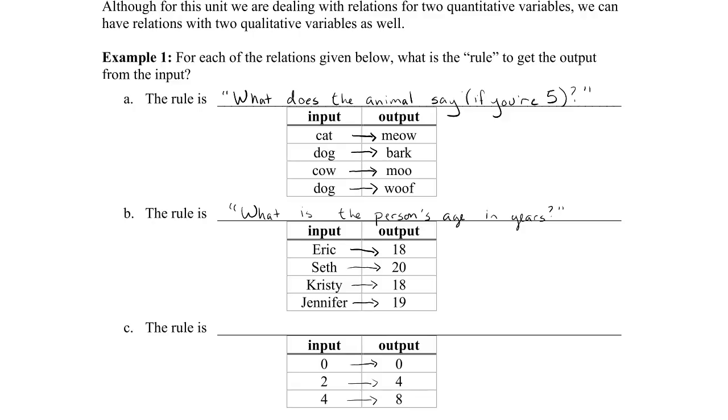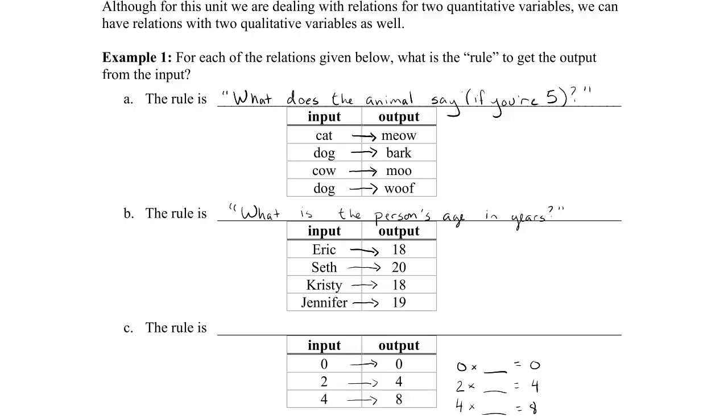So let's see, 0 goes to 0. That makes us think we're going to be multiplying by something, because 0 times anything will always give us 0. Let's see, we want 2 times something gives us 4. 4 times something gives us 8.